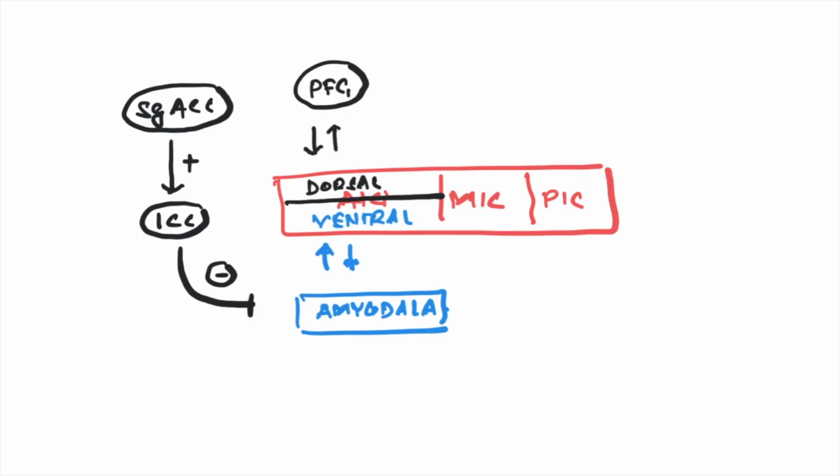If you want to know in detail how the disconnection happens in stress, please go watch the previous video. So now let's focus on these areas of the brain. And I'm going to start with an example, because examples make it easier to understand what we are talking about. Let's look at a normal, healthy individual, all right?